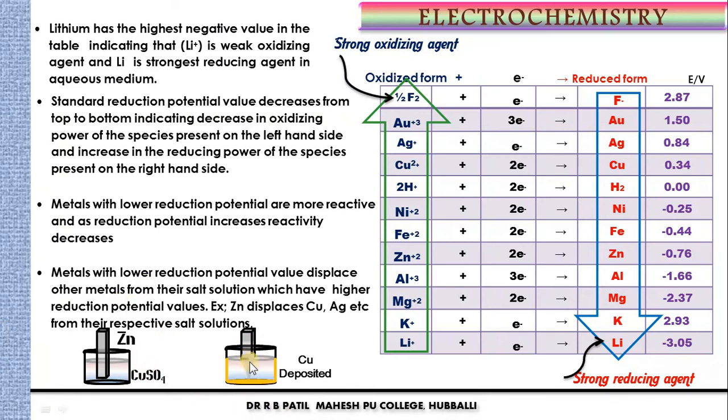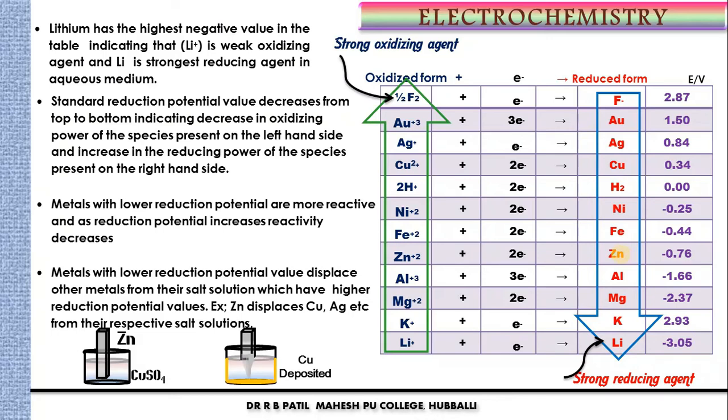Zinc dissolves and it displaces a copper ion from copper sulfate. Here you can see that walls of the container, copper is deposited and zinc is dissolved. Why this happens? Because zinc with this negative reduction potential value acts as a strong reducing agent.